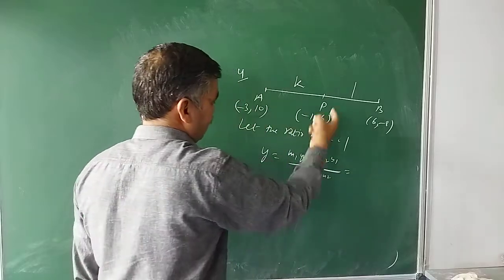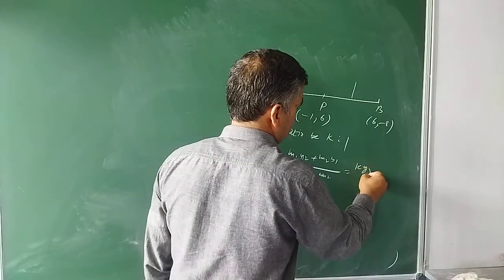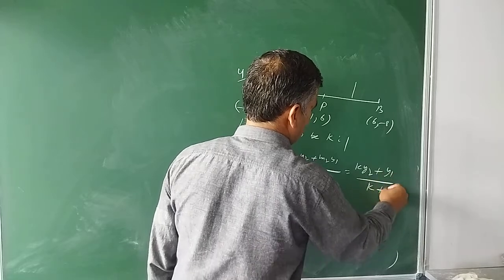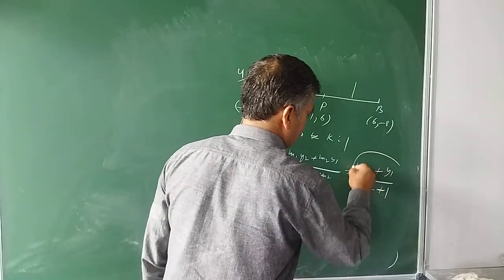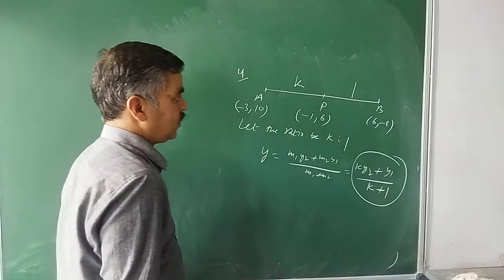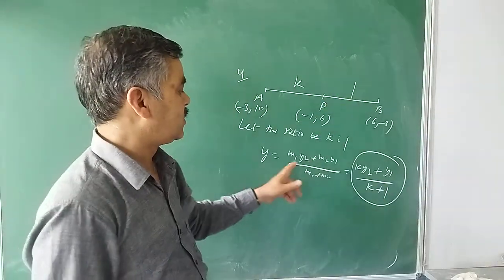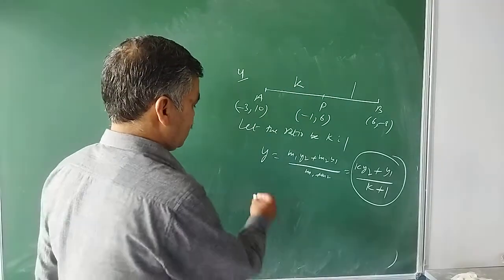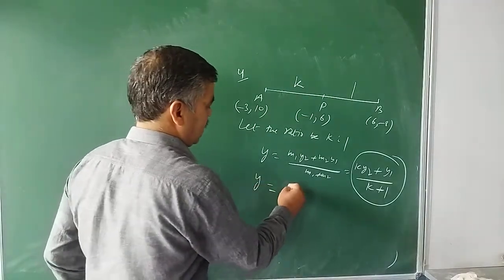But in terms of k, that will be (k y2 plus y1) upon (k plus 1). I will be using this one for the ratio because I have reduced the variables from m1, m2 to k ratio 1. So y will be equal to what?